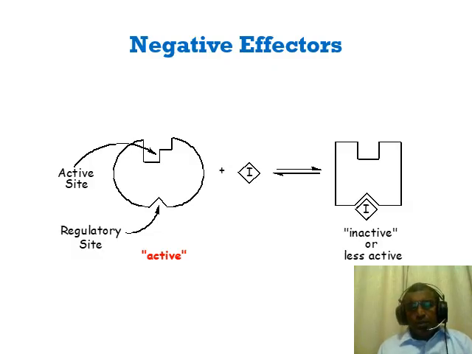So here to explain allosteric inhibition, you have the negative effector, where you can see at the moment it is accepting the substrate because it has the shape, but because of the inhibitor binding at this regulatory site, the shape changes and is no longer able to allow the substrate to sit at the active site.